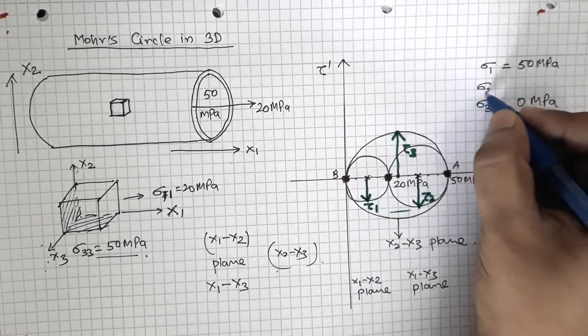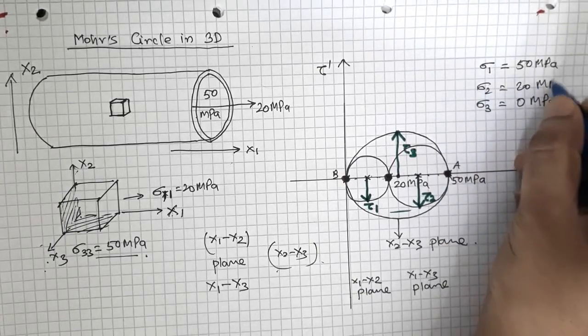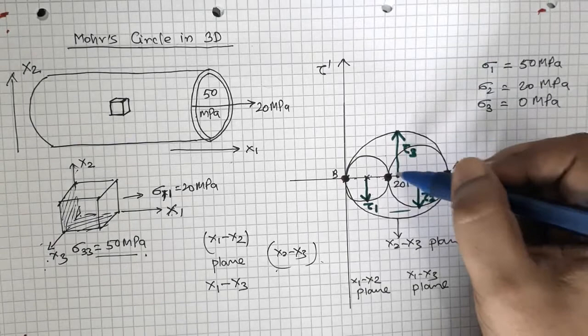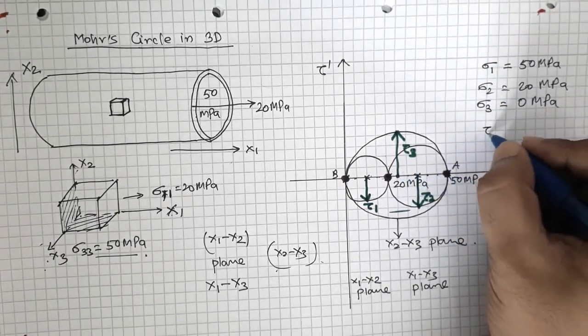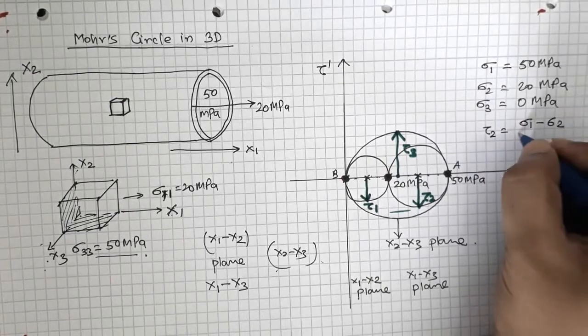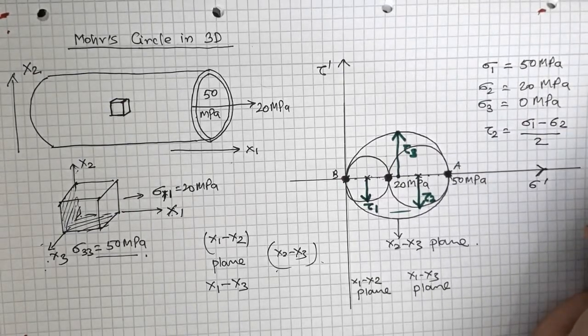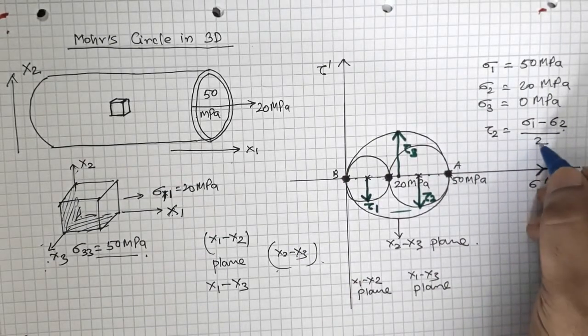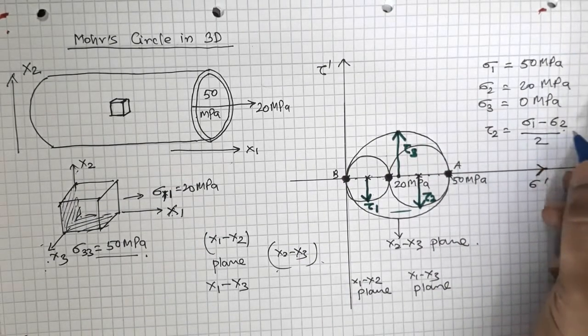And the middle one is sigma 2, which has a value of 20 megapascal, right? So between sigma 1 and sigma 2, 50 and 20, I have a value of tau 2, right? So tau 2 is equal to (sigma 1 minus sigma 2) by 2, because the diameter is sigma 1 minus sigma 2, and half of that is the radius.